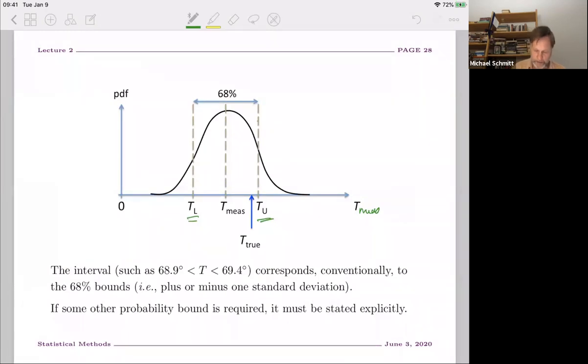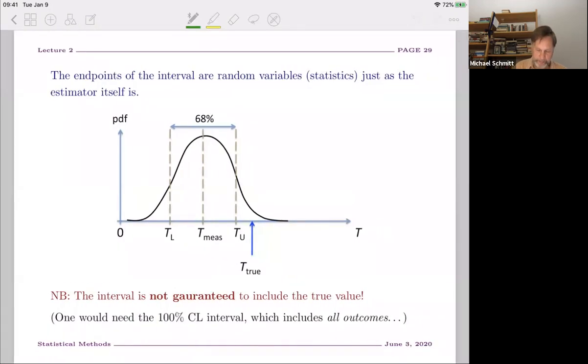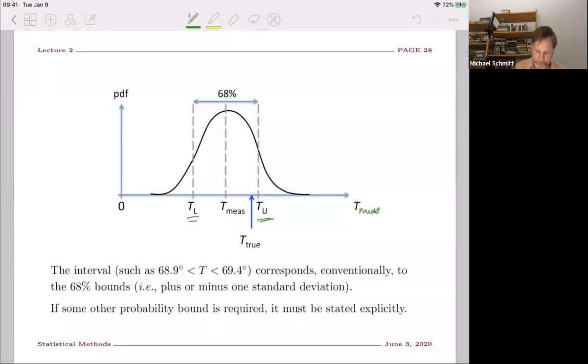You could use something other than 68%, but 68% is the convention. All right. So the important statement here is that the true value is wherever it is. We're trying to find out where the true value is. We don't know where it is. Otherwise, we wouldn't bother to measure it.